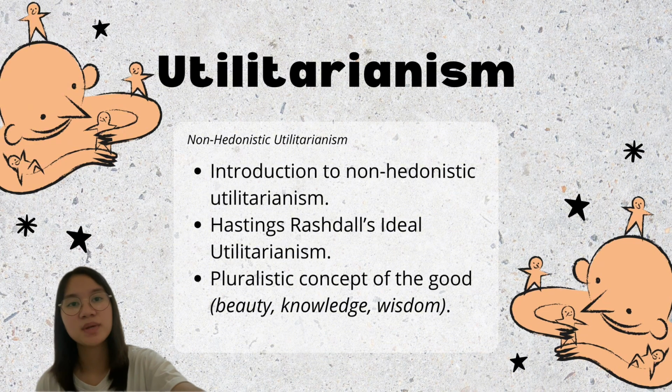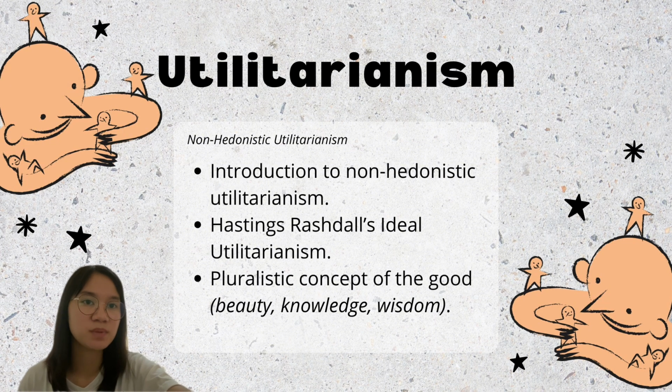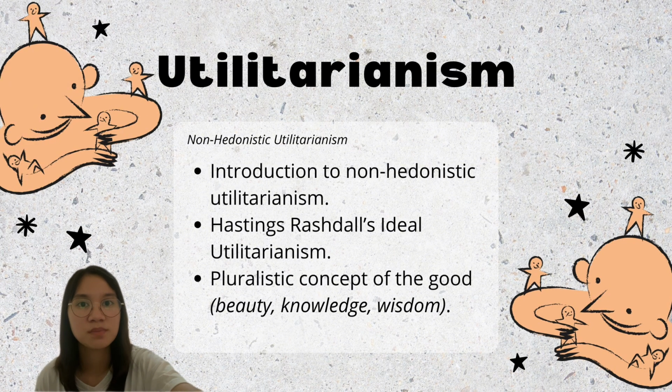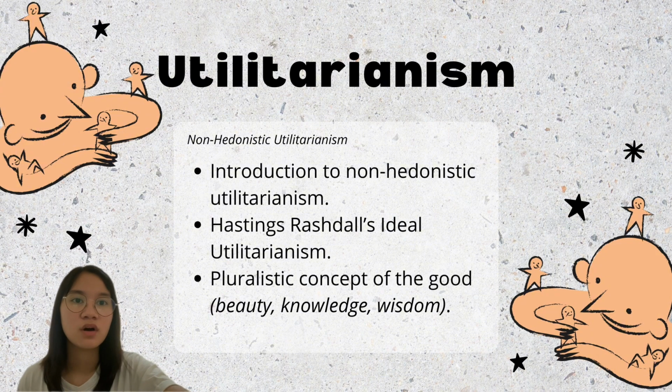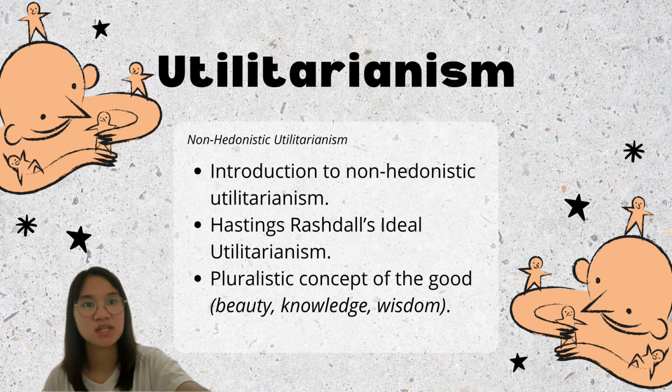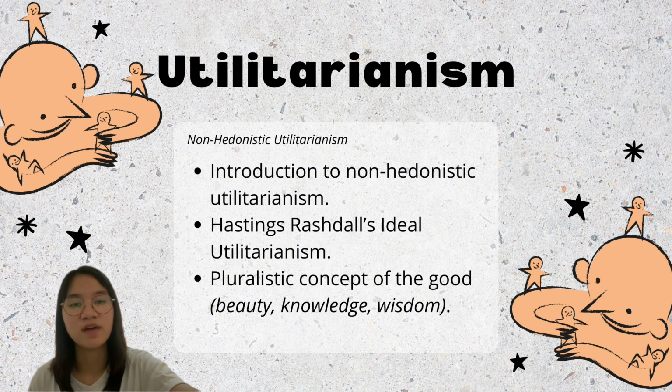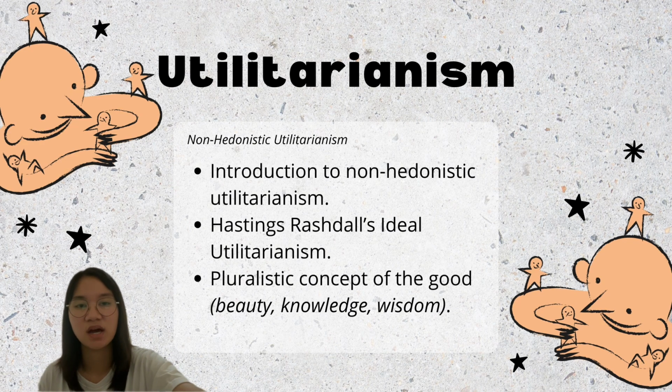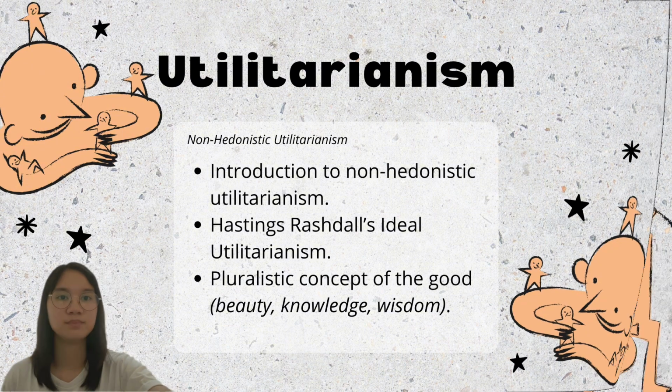It encompasses a diverse set of experiences and virtues, which makes his view distinct from the more singular focus of Bentham and Mill. This pluralistic view broadens the moral scope of utilitarianism, suggesting that human well-being is multifaceted and should aim to cultivate a range of valuable experiences and outcomes, not just the maximization of pleasure and avoidance of pain.